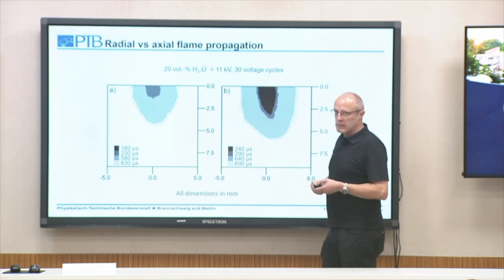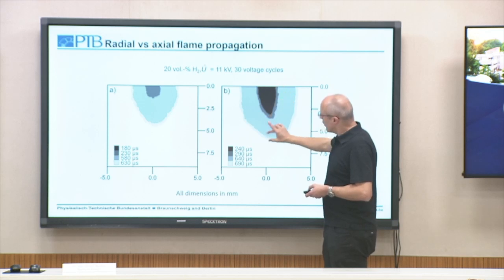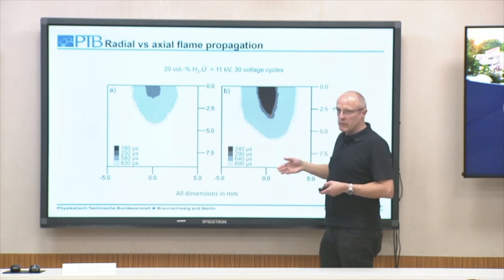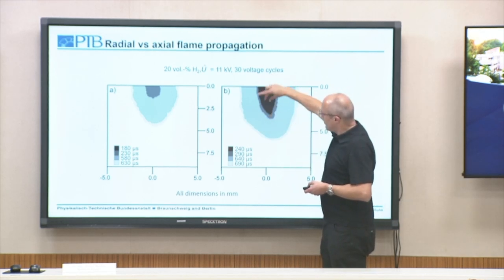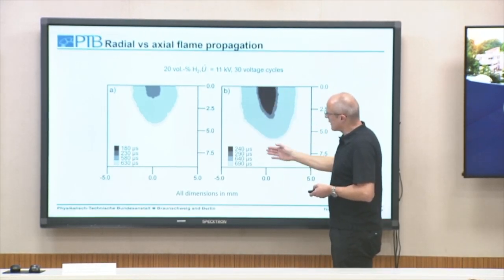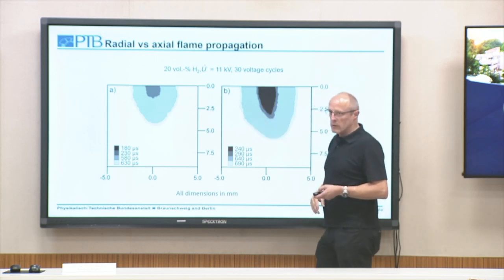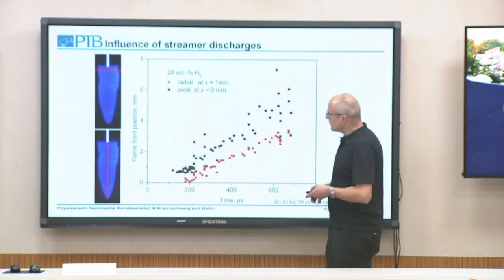There we have also deposited some energy, so it's a little bit hotter here already, and we produce a lot of radicals here. So the flame propagation in this axis is faster than the flame propagation in this direction.